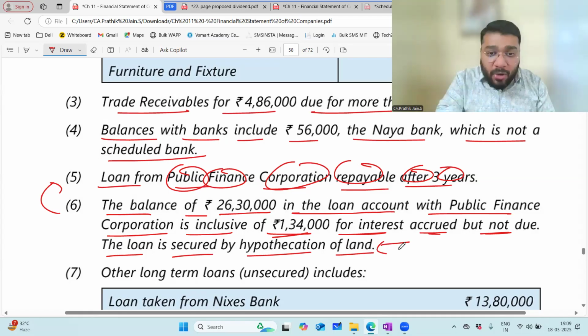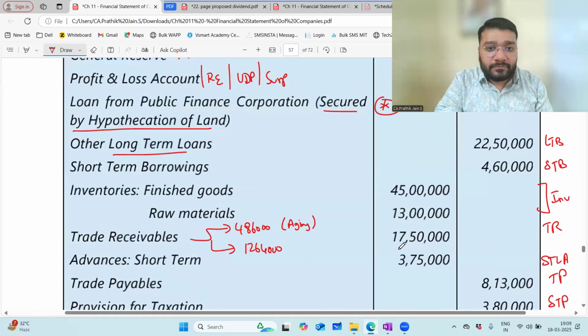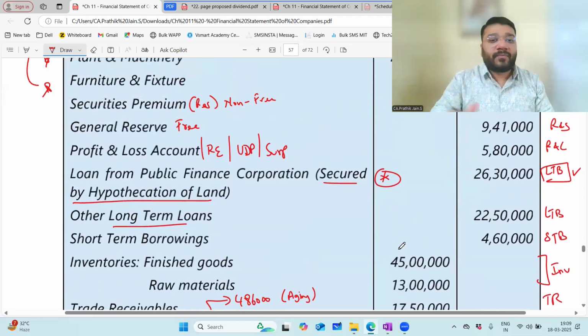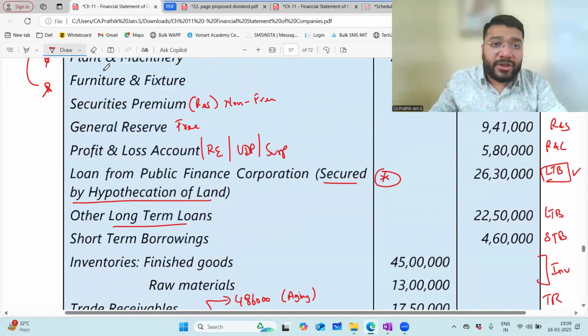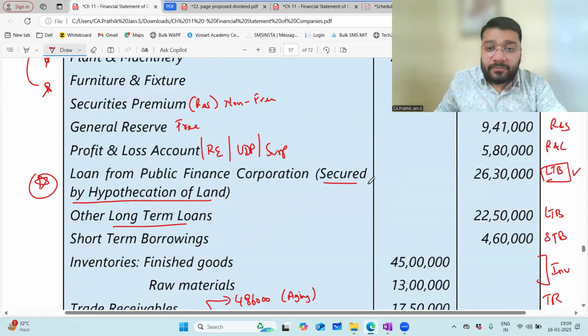Okay, so now guys, coming to this. Loan from Public Finance Corporation. Total how much is there? I'm putting a star mark here. I'm giving a 3 breakup here. Why 3 breakup?